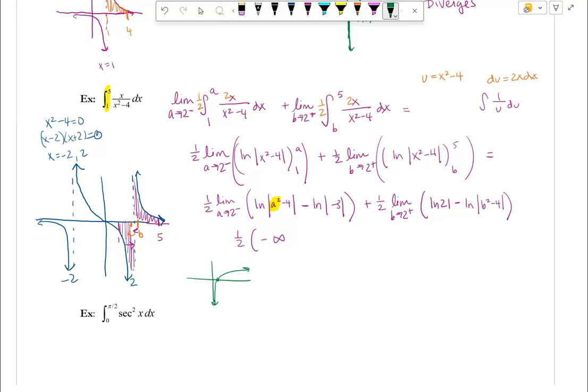So we can already tell that this diverges, but let's go ahead and write the rest of this out. So -infinity minus the natural log of 3. So that's really just -infinity. And what we're noticing here is telling us that this area diverges. So this area is our 1/2 -infinity minus ln of 3.